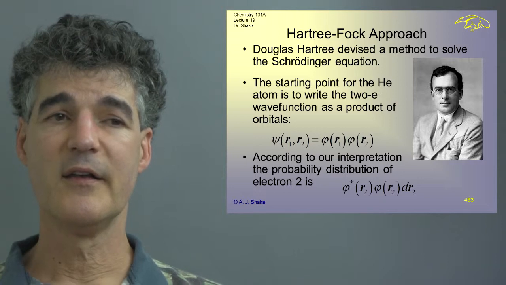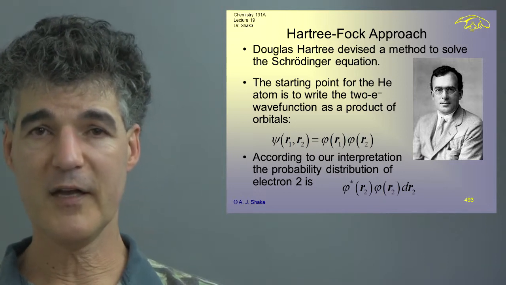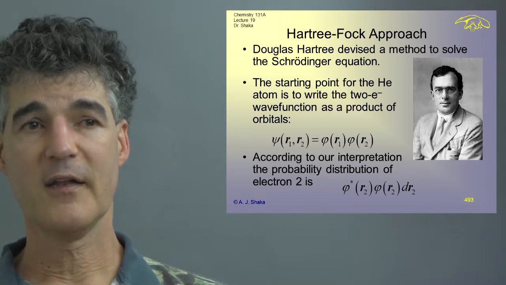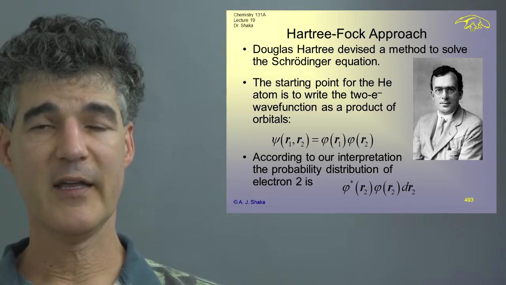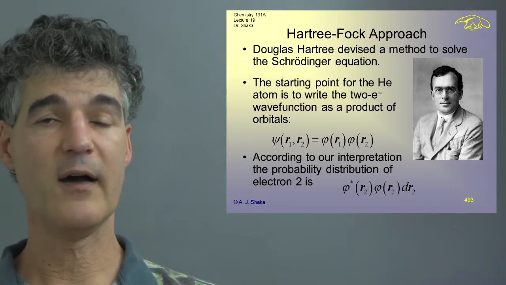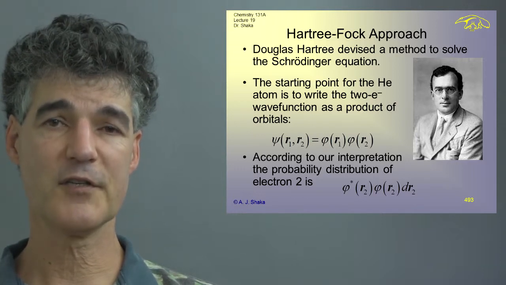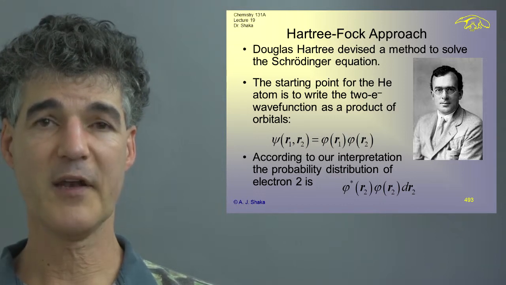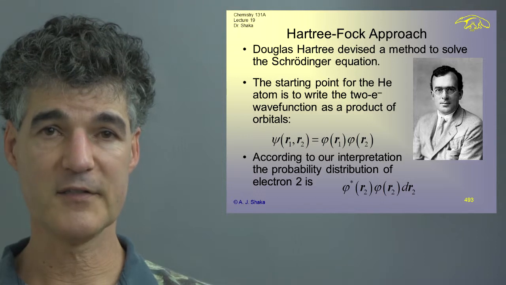He devised a method that was then modified by a Russian, Fock, and together it's called the Hartree-Fock Approach. And it's something that you have to know about if you're going to get into anything about calculating these energies, because it's by far the most commonly used method, at least to start with when you're looking at these systems.